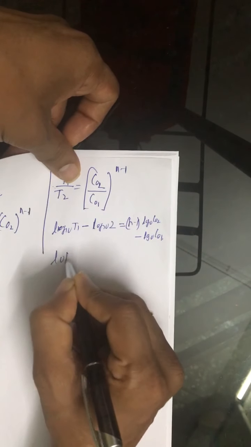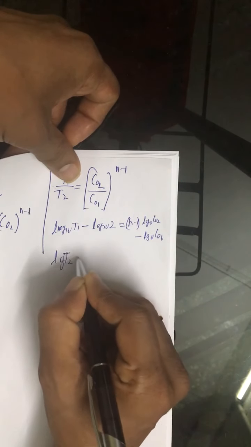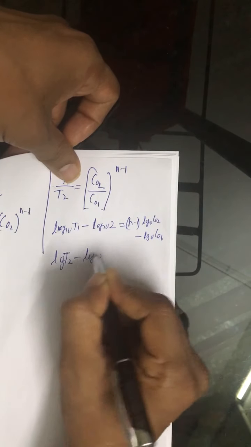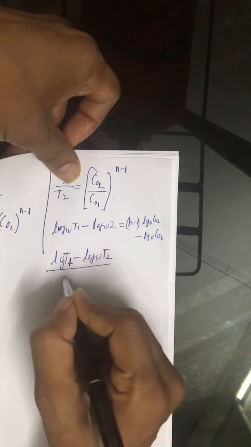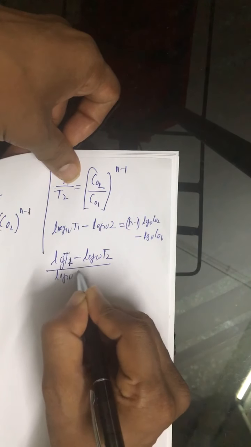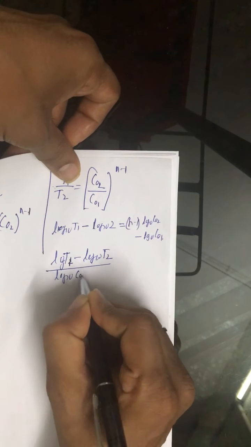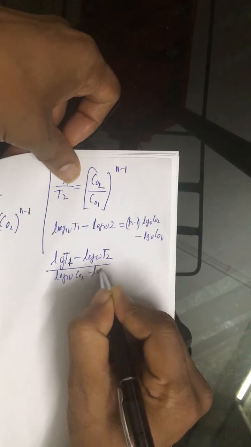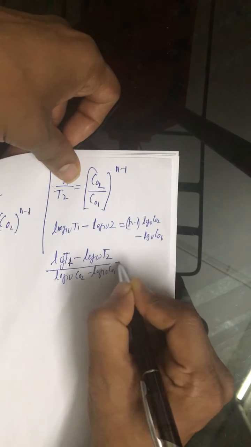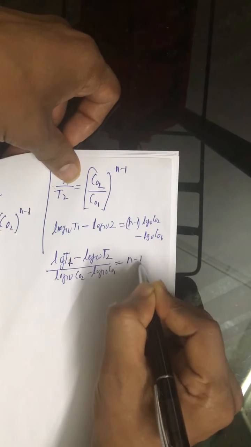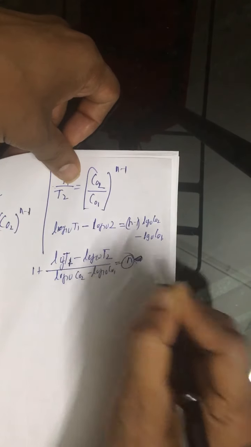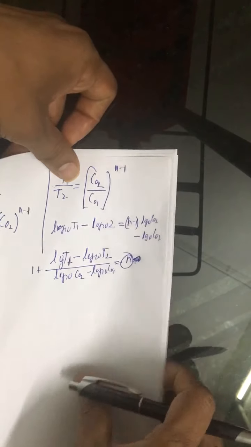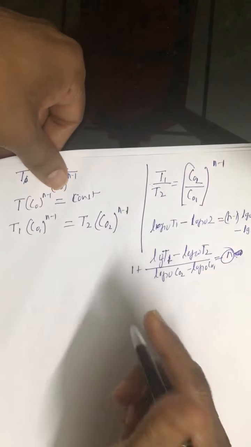Or log of T1 minus log of T2 by log of C02 minus log of C01 equals n minus 1, or this is 1 plus this value equal to n, if it is a complicated value. Otherwise you can find out t half.